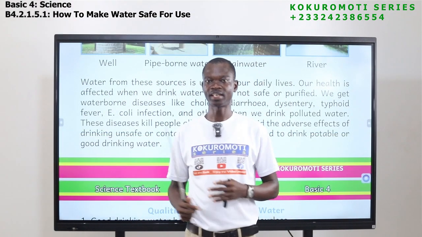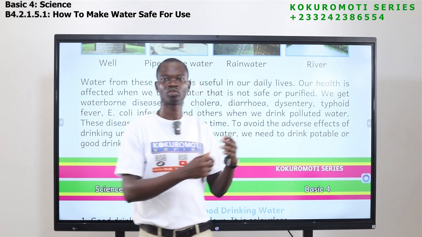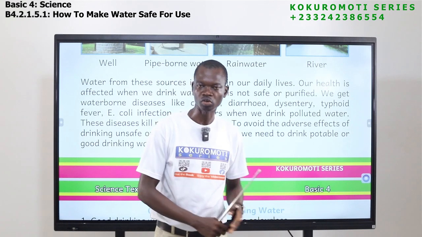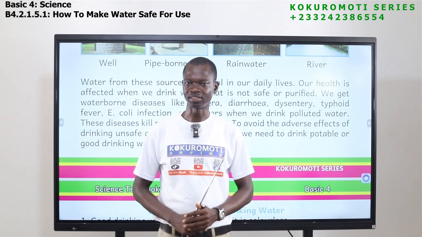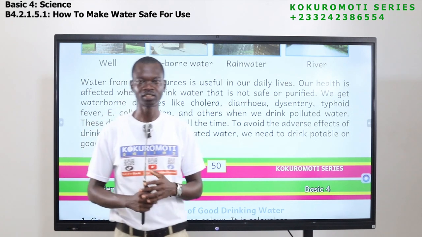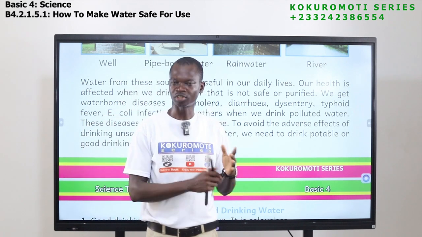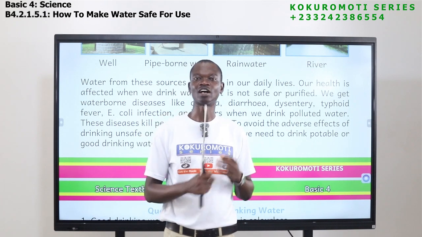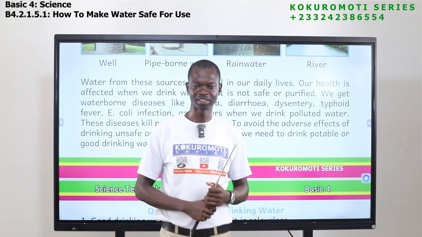The diseases that we get from water are called waterborne diseases. So if you drink dirty water, you will fall sick, you will get disease, and these diseases are called waterborne diseases.